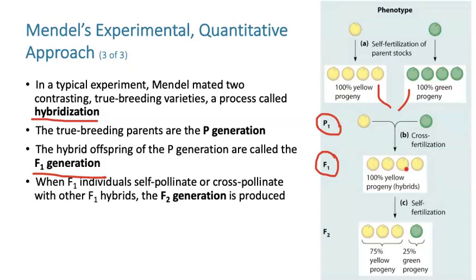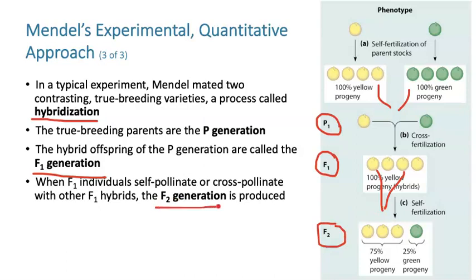And 100% of them were yellow. Again, it wasn't exactly 4, but that's okay. 100% of all the offspring between a yellow pea and a green pea were yellow. And he's like, something's going on there. And I'll tell you what that is in a second. But then he didn't stop there. He took two of these, like maybe he took that one and that one, and crossed them together to make the next generation, which is called the F2 generation.